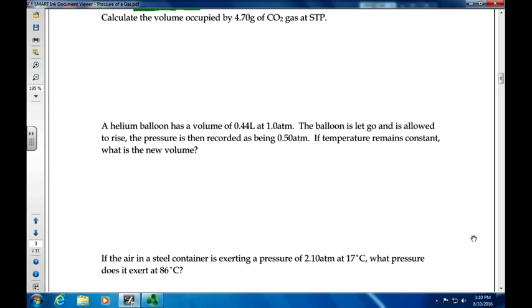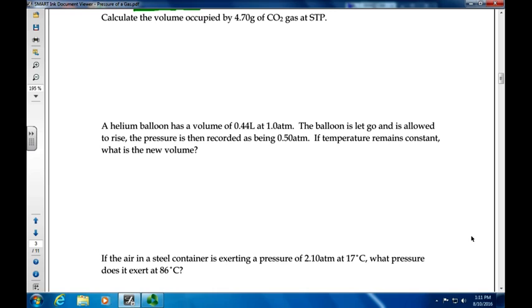Whenever they are looking for the volume and only provide either moles or mass, and they say that this gas is at STP, and especially if they say that the gas is acting as an ideal gas, although sometimes it will not say that, and as in this case, it did not say that, we can often interpret this as behaving as an ideal gas.